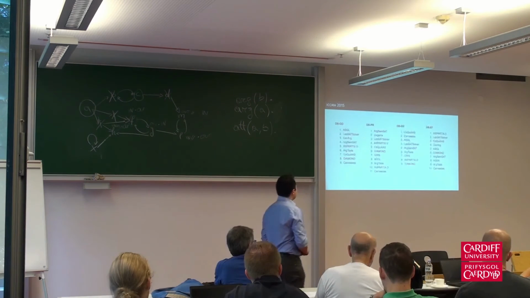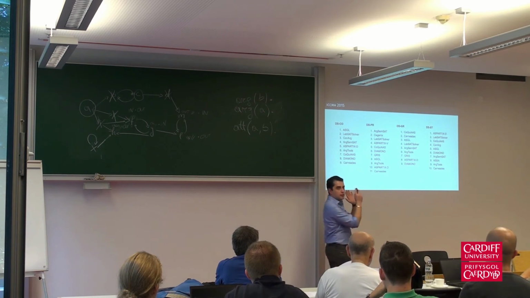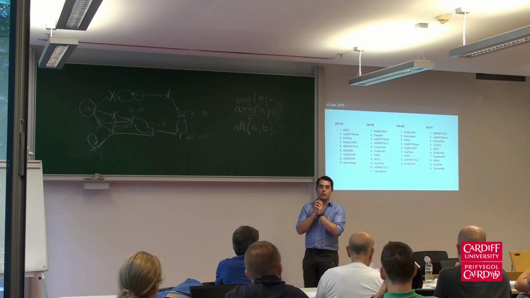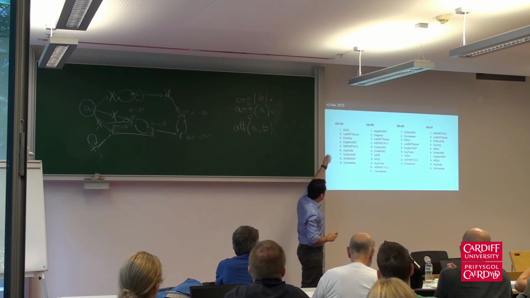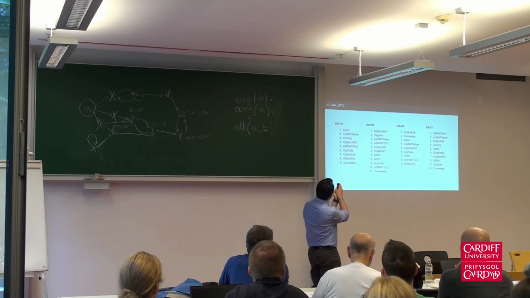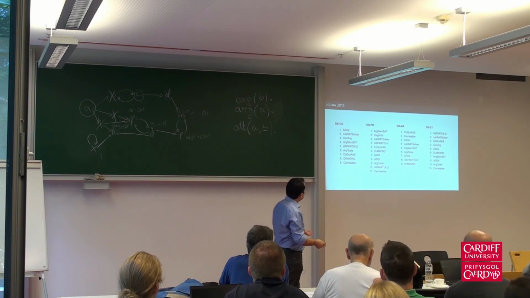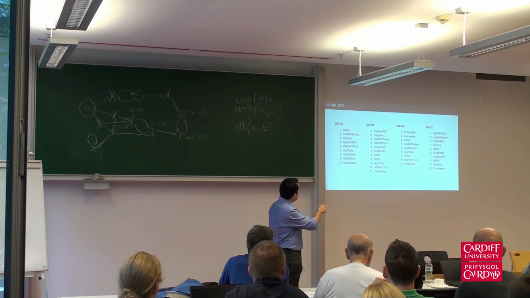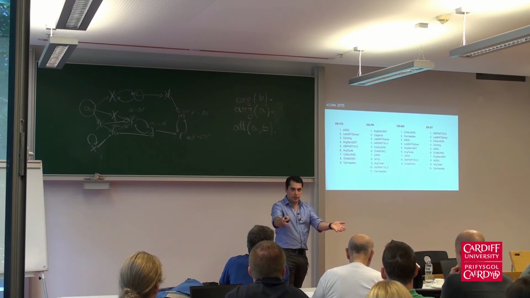But what I wanted to highlight here are the results of the last competition, last year. This is skeptical acceptance of arguments. So if you have complete, preferred, grounded, and stable, what you can say is, well, this is a SAT-based system, this is a CSP-based system, this is a SAT-based system, this is an ASP system, and this is a direct implementation.